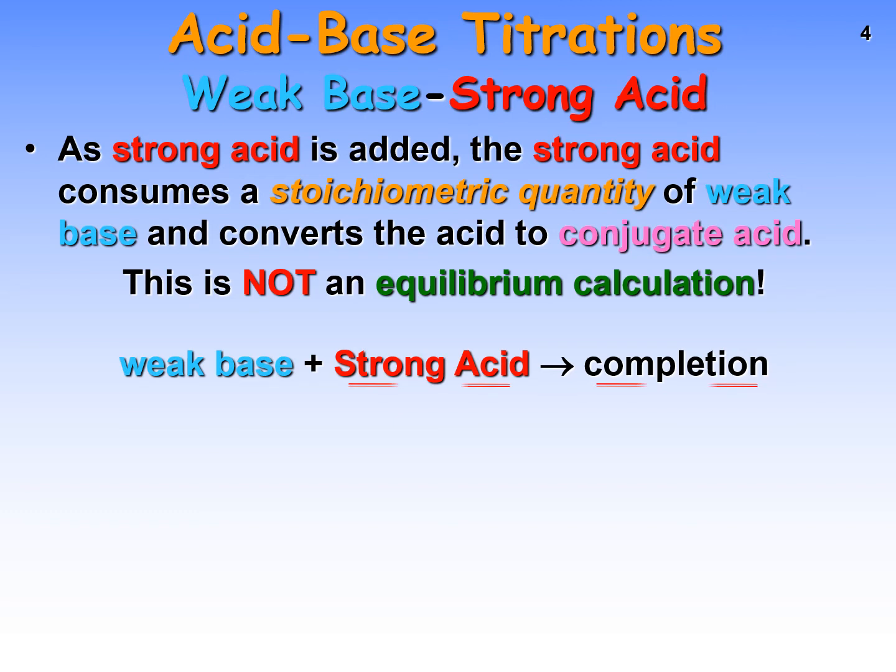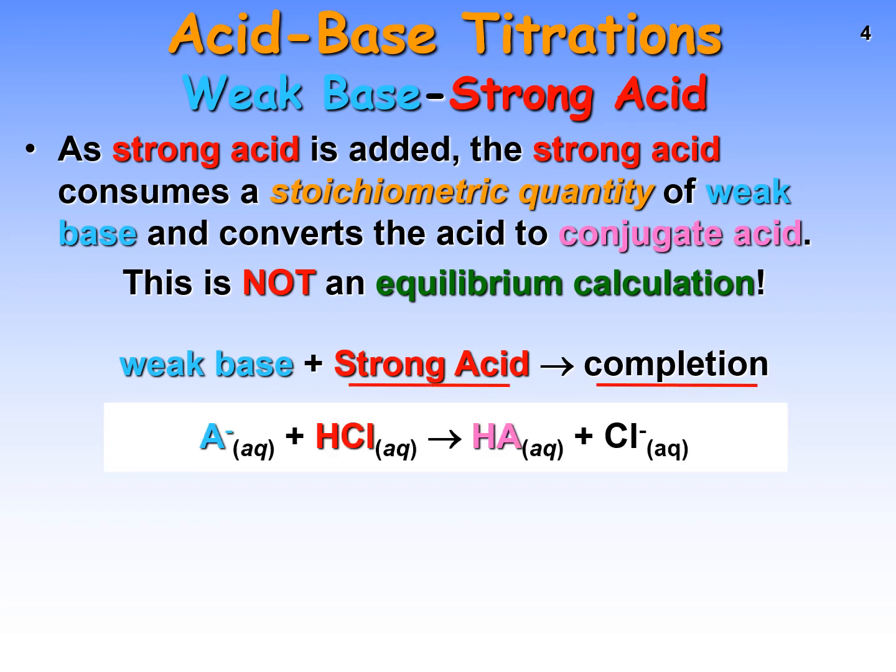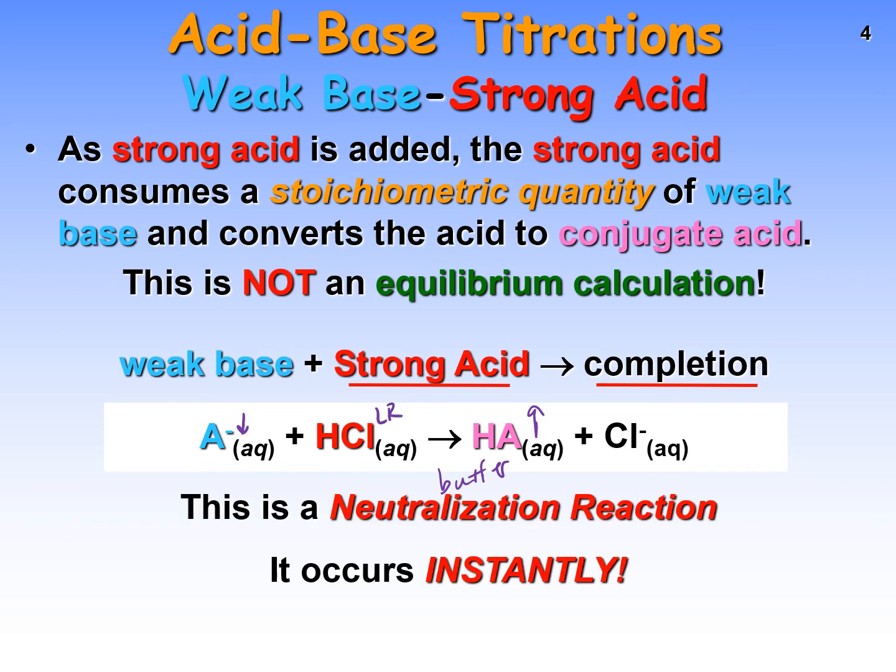Now, that neutralization step, as always, is a non-equilibrium step. It goes to completion: some of this goes down, this comes up, and we have a buffer at the end of this, as long as the acid is the limiting reactant. It occurs instantaneously, and we can say it goes to completion, meaning no equilibrium is involved.